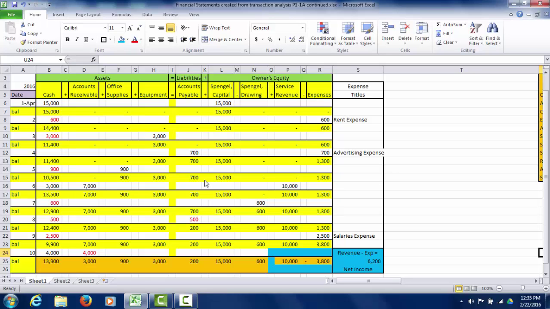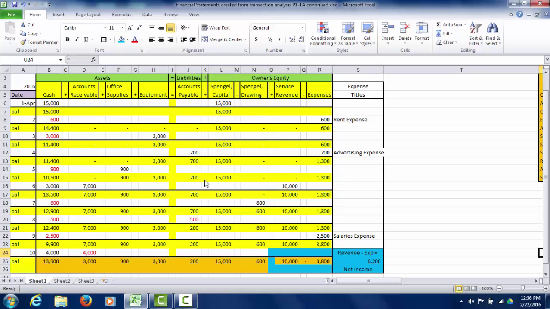Our revenues totaled $10,000. Our expenses totaled $3,800. 10,000 minus 3,800 results in 6,200. Since that 6,200 is positive, we have a net income. If that subtraction had yielded a negative answer, then we would have had a net loss.